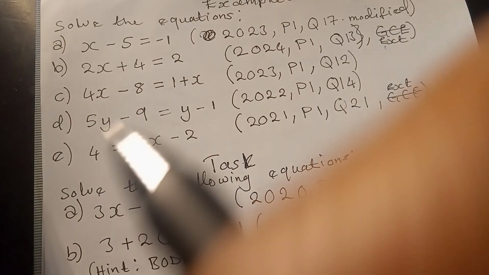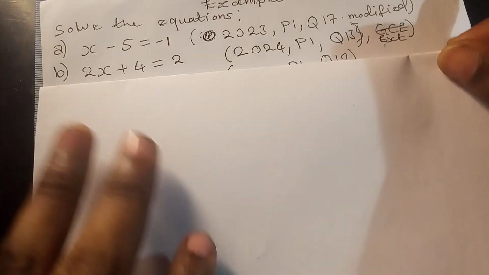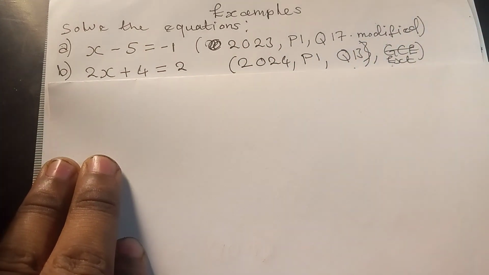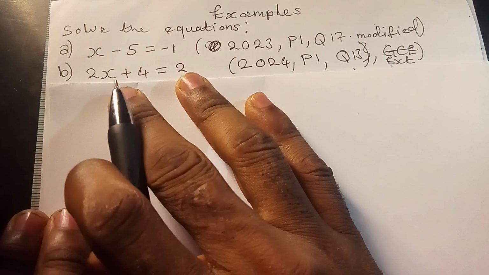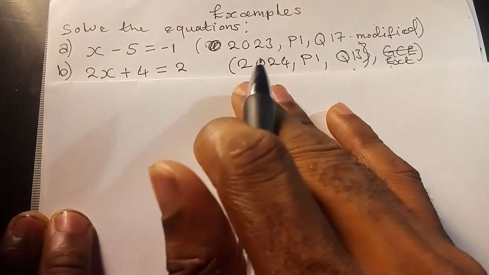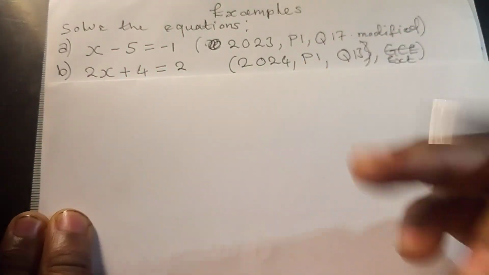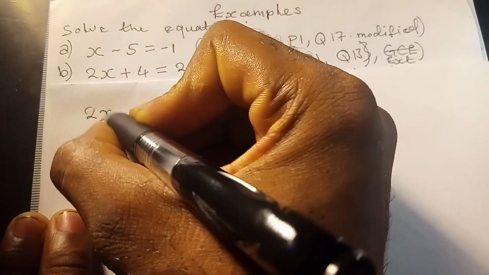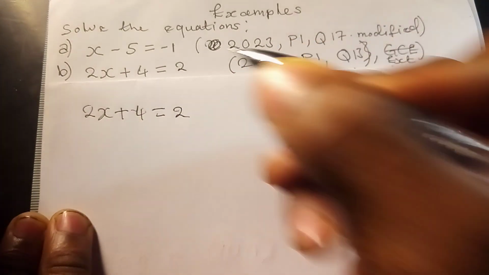The procedure is exactly the same, except that at one point we have to divide through by 2. So to solve this one here, this is 2024 external paper. So we have 2x plus 4 is equal to 2.